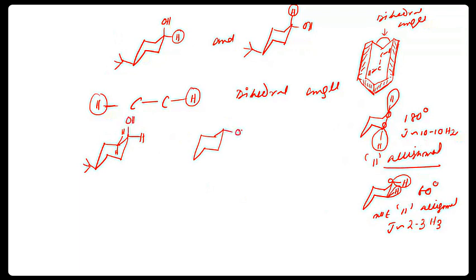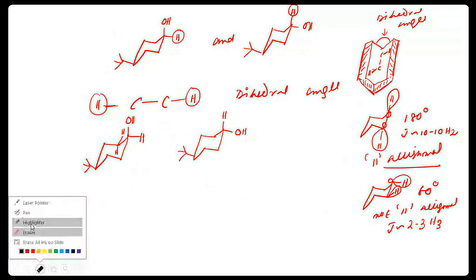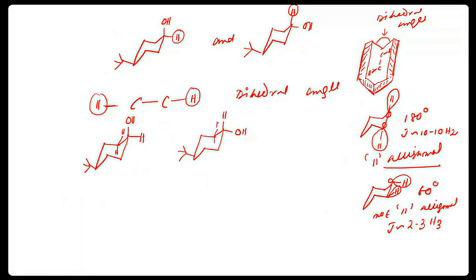This is one OH, H. So in both cases, each proton, whether it has been placed equatorial or axial, has a similar CH2 environment.